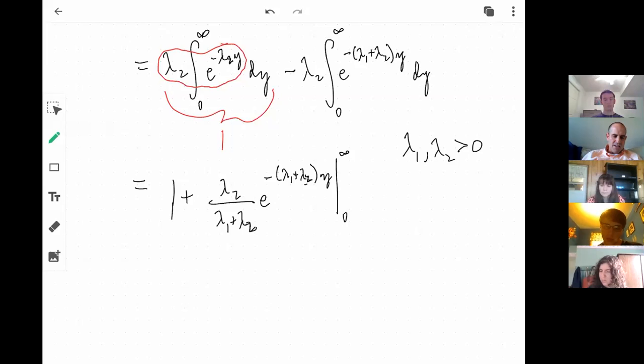So when I take y to infinity, there's a minus sign right here. What is this e to the minus lambda 1 plus lambda 2 y as y goes to infinity? What's that going to go to?